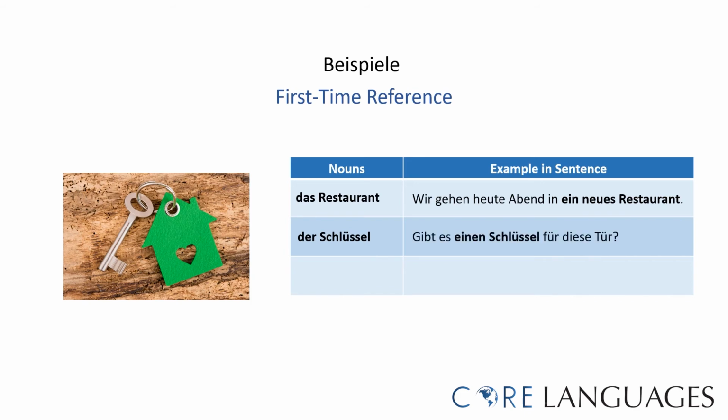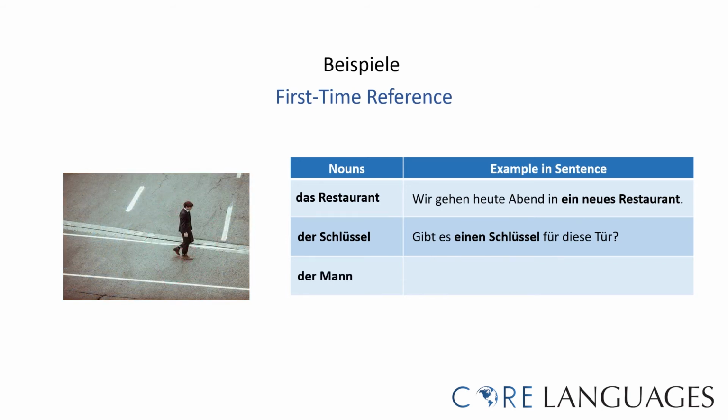Gibt es einen Schlüssel für diese Tür? Is there a key for this door? Der Mann, the man. Ein Mann geht die Straße entlang. A man walks along the street.